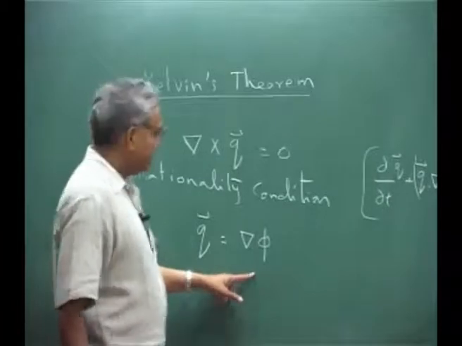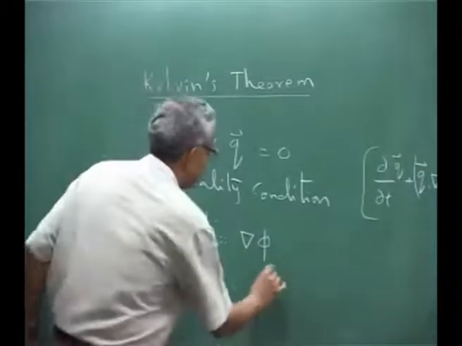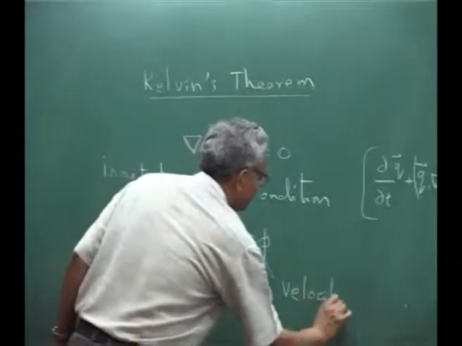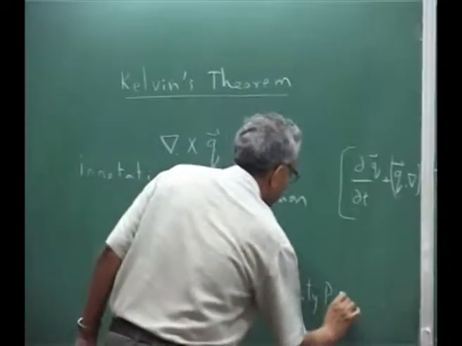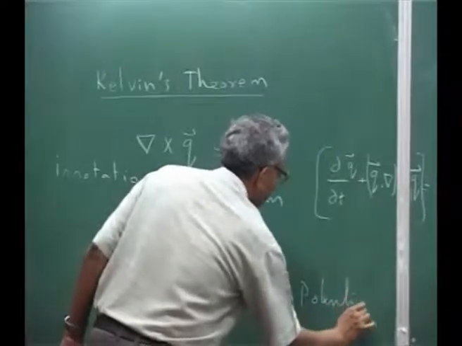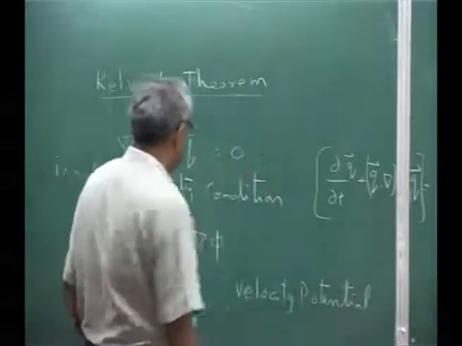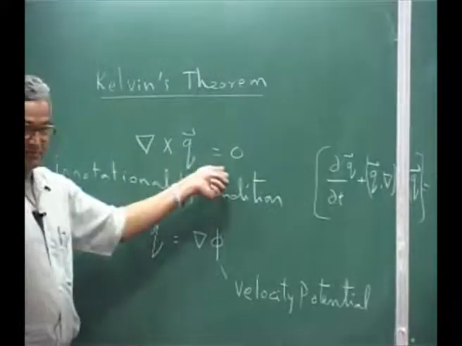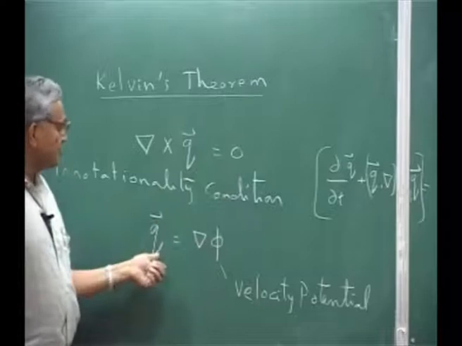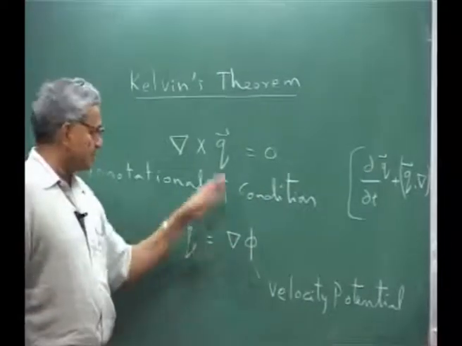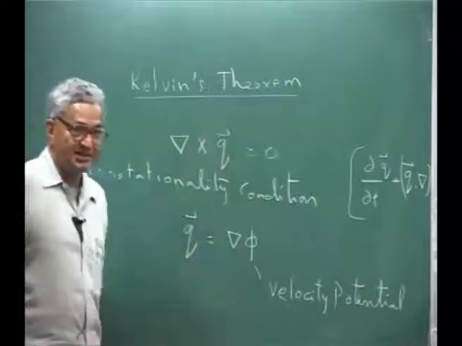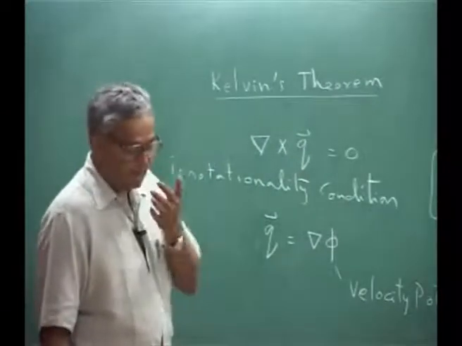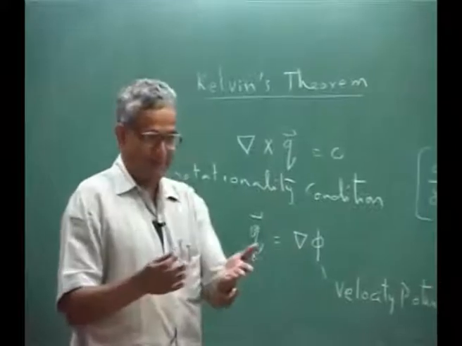And this potential you call the velocity potential. Because if this is 0, q will be in this form, and if you substitute it, it will be identically 0 always. That is how the potential flow has come into picture.